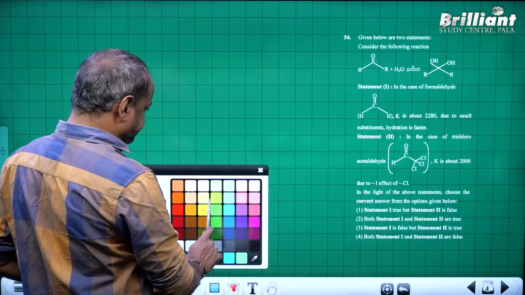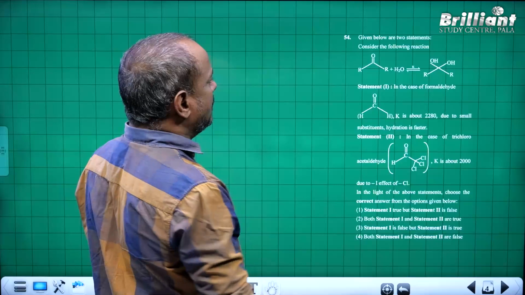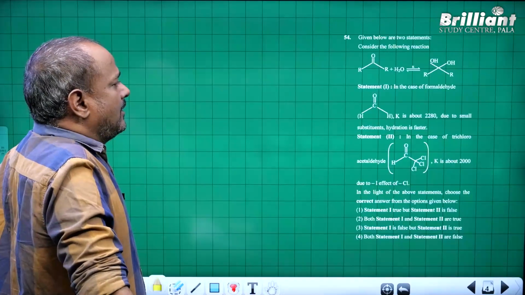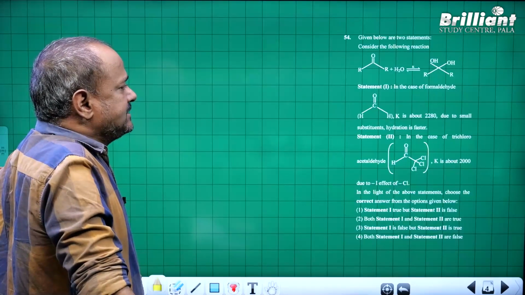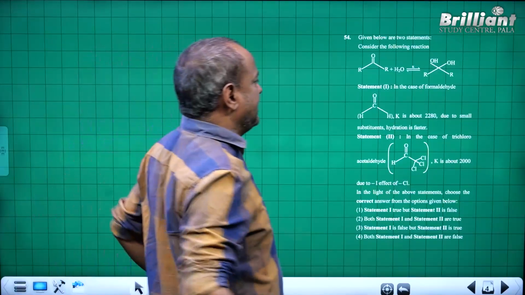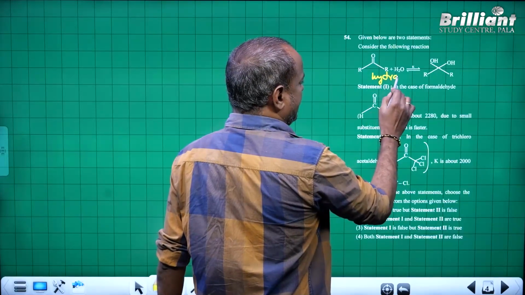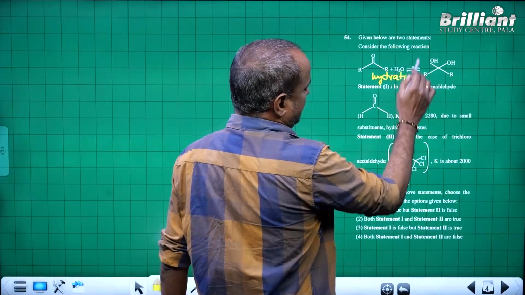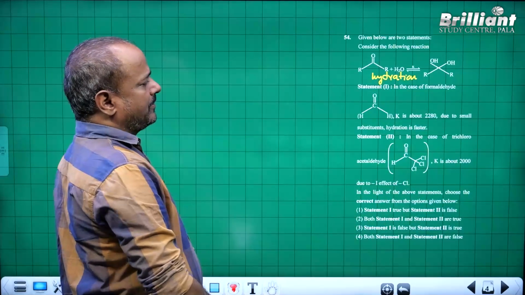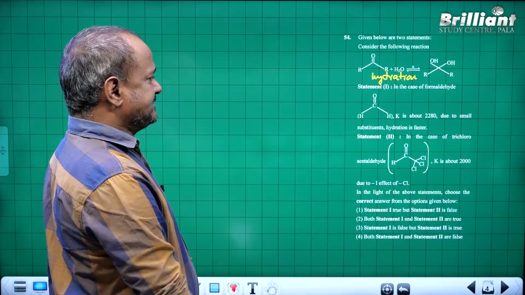Next question, 54. Consider the two statements given below. R2C=O plus H2O means hydration. This reaction is called hydration, to form R2C(OH)2.